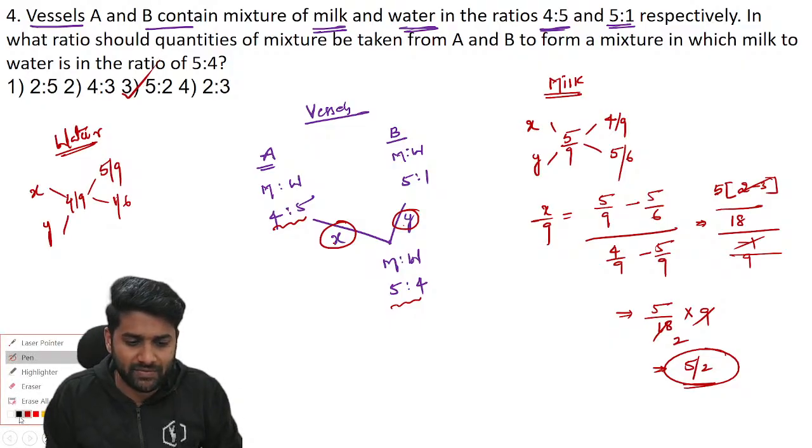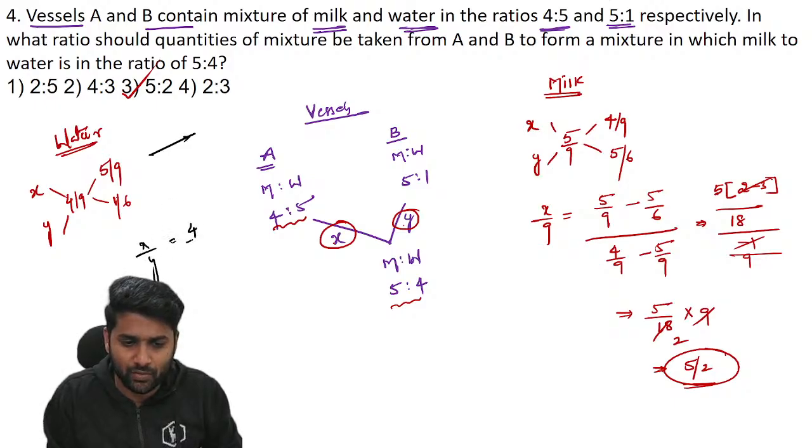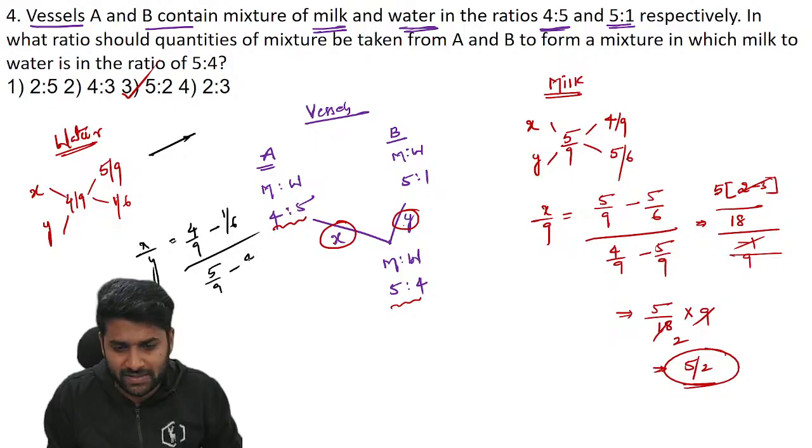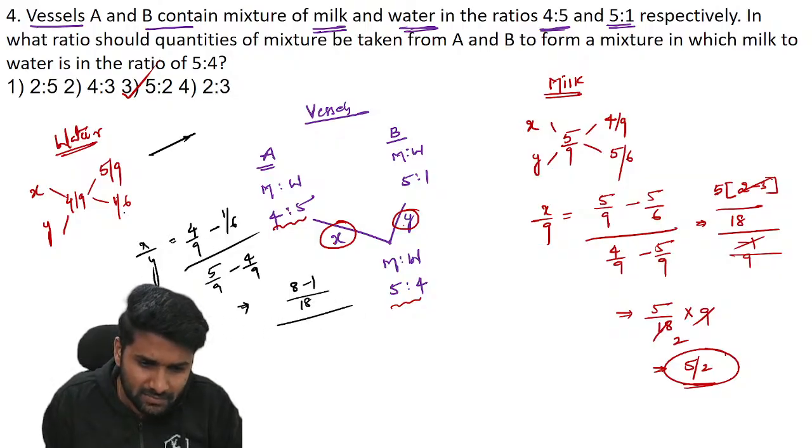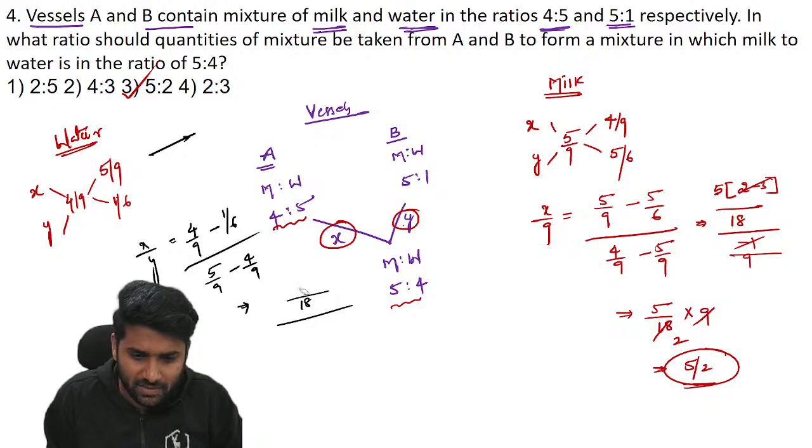Or you can go with the simplification part. So let us go with the simplification. X by Y is equal to 4 by 9 minus 1 by 6, over 5 by 9 minus 4 by 9. It never changes, you will get the same answer. For the simplification, the numerator LCM is 18. So 18 is all about 2 times; here you will get 8, here you will get 3.